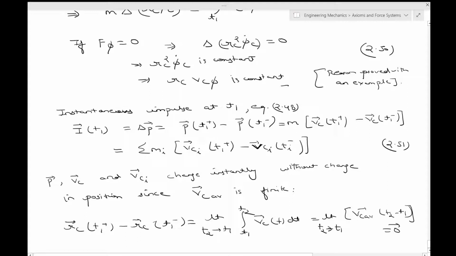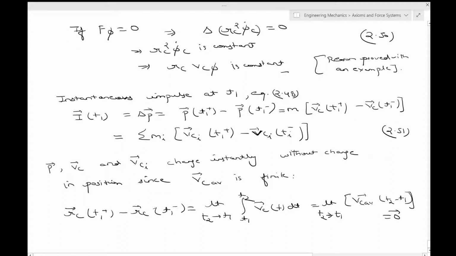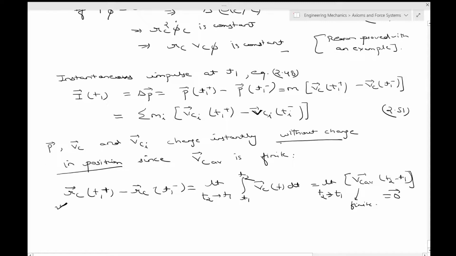This is equal to 0. So that's the statement which has been written, and this is the mathematical way to show that this changes without change in position. You can see that there is no change in the position because this is finite. T2 minus T1 will be tending to 0, and hence this quantity becomes equal to 0. So there's no change in the position.